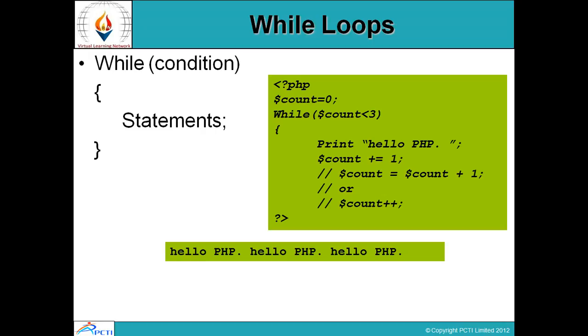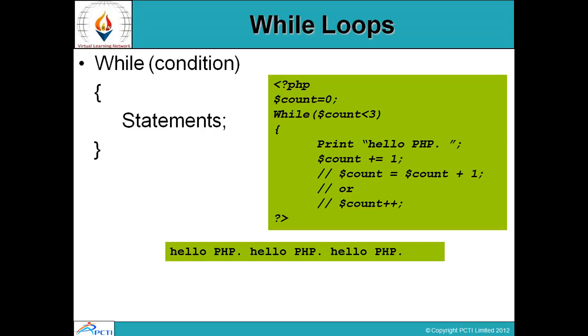Less than 3 means it will run till the value of count is 2. But before count you have to prefix the dollar symbol so that the value can be invoked in PHP. Bracket start, print Hello PHP, dollar count plus equal to 1. It means the value of the count variable will be increased by 1.